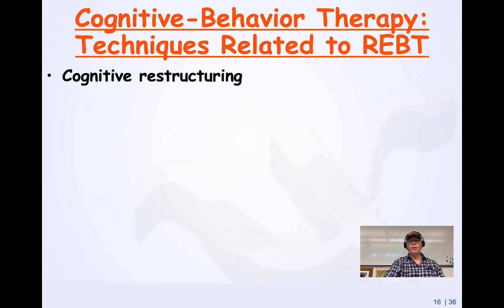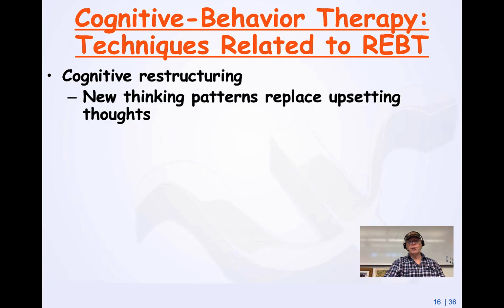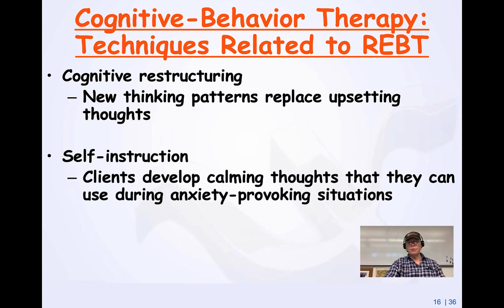All right, so cognitive restructuring is new thinking patterns replacing upsetting thoughts. That's changing the thinking that you're going through. Self-instruction is where you can talk to yourself internally or externally, I guess, although probably internally would be better in a public setting. When you start to recognize those thoughts or those feelings, you begin a dialogue where you can actually re-educate yourself to the situation.